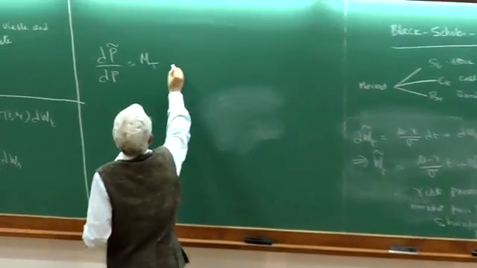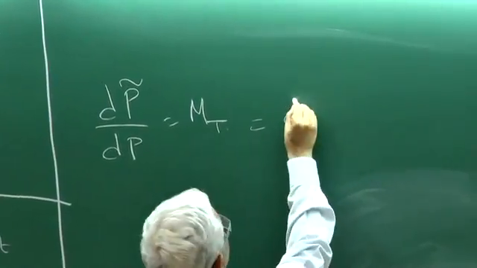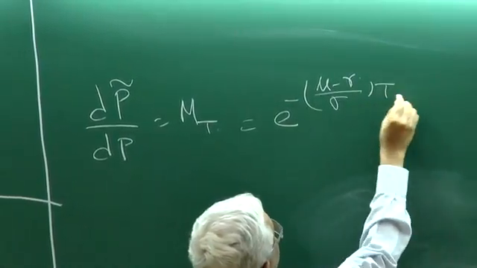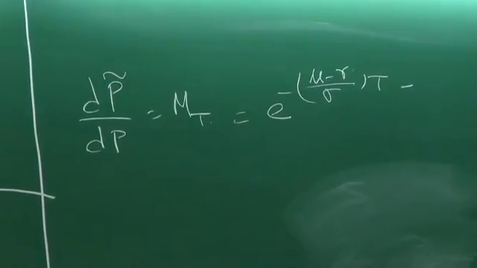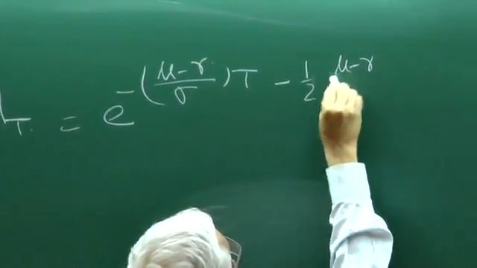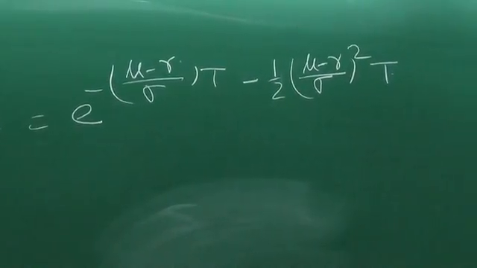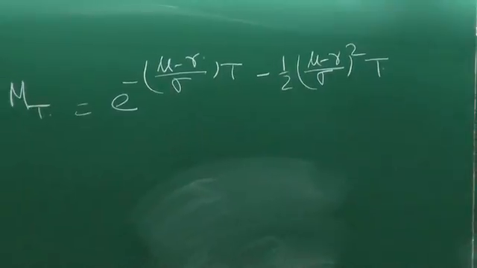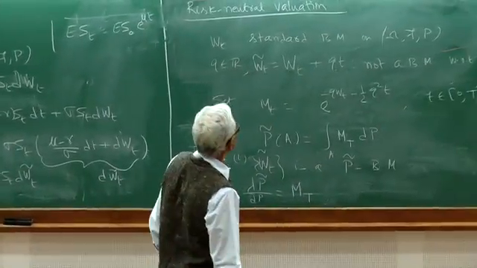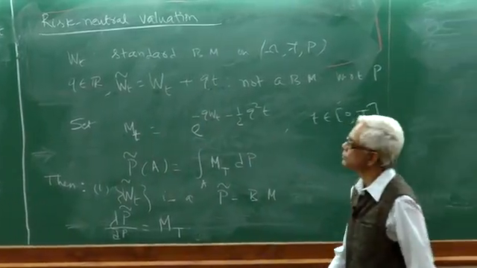It is e to the power minus q, so minus (mu minus r over sigma) W_t minus half (mu minus r over sigma) squared times t, right? This is M of capital T, right? This is M of little t, right? Where?